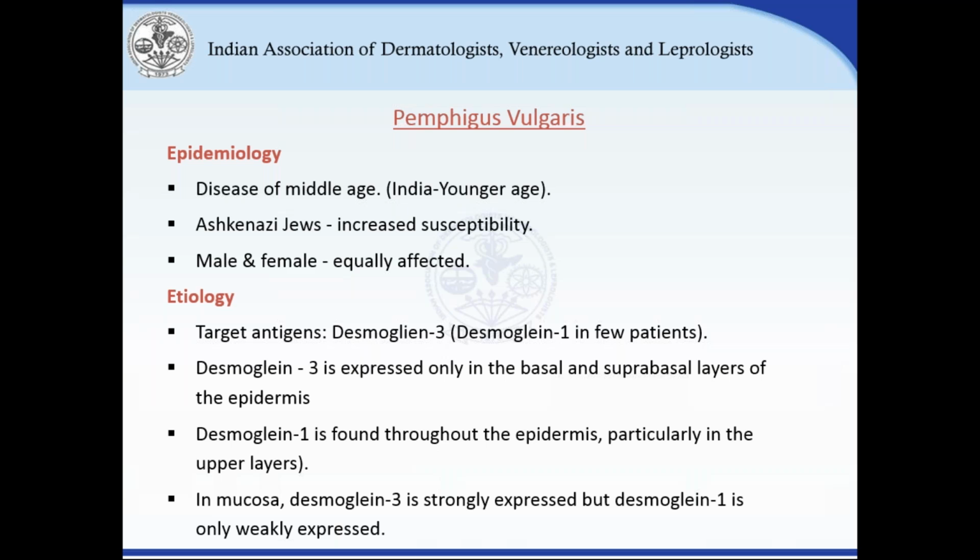In case of mucosal dominant disease, mainly desmoglein 3. But remember, desmoglein 3 is expressed everywhere, right? So if you have antibodies against desmoglein 3, it is going to affect your mucosa and your skin also, because desmoglein 3 is expressed in the skin, in basal and suprabasal layers of the epidermis, and it is strongly expressed in the mucosa also, right?